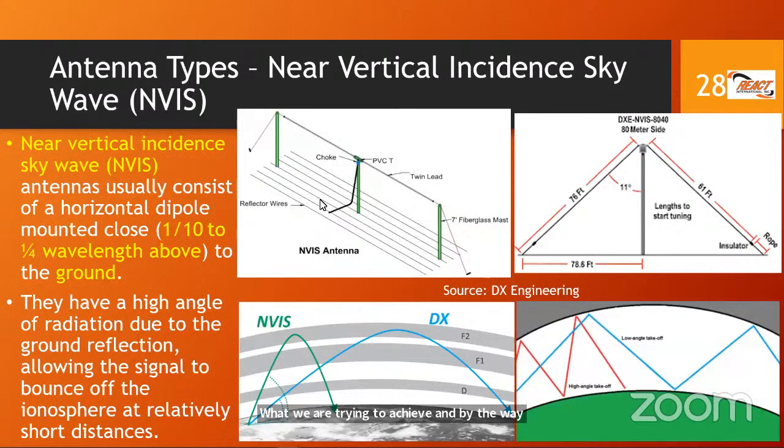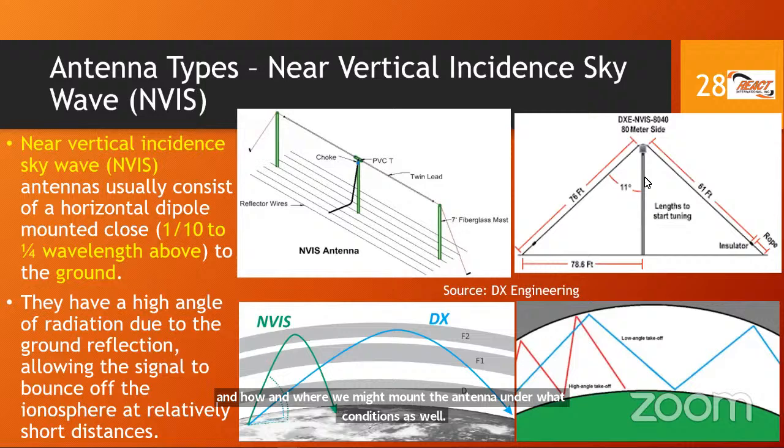This concept of NVIS is not for any and every frequency that you will necessarily be able to use NVIS for. But we won't get too much into that at this stage. At this stage, we just need to know the concept of NVIS and how and where we might mount the antenna under what conditions as well, right? So let's just illustrate how the NVIS concept is used.